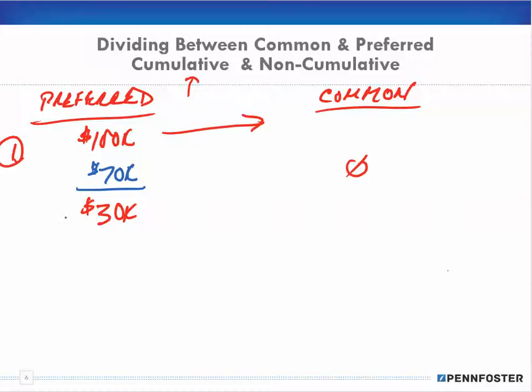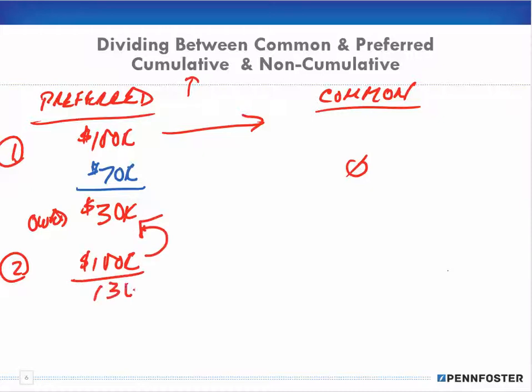However, preferred is still owed an additional $30,000 from this first period because it's cumulative. All right. Now, in the next dividend period, preferred stock gets an additional 100,000. All right, but they're also still owed this 30,000.